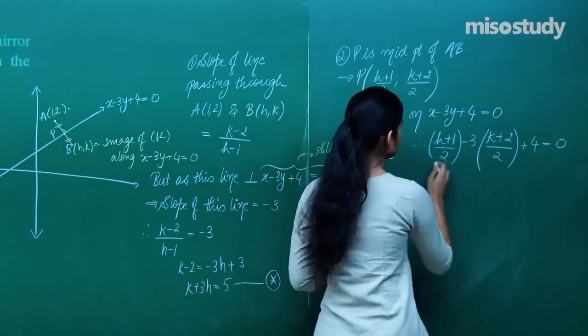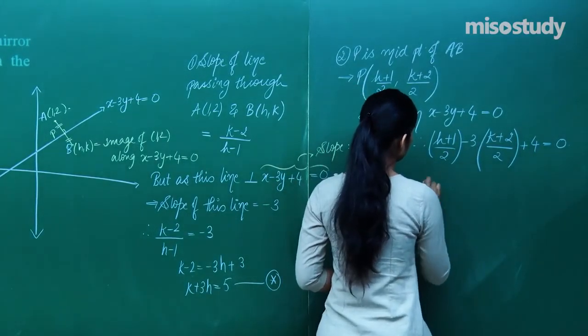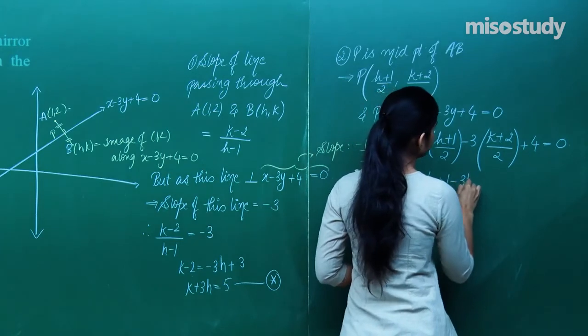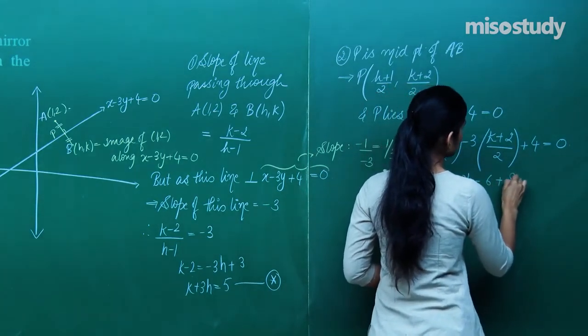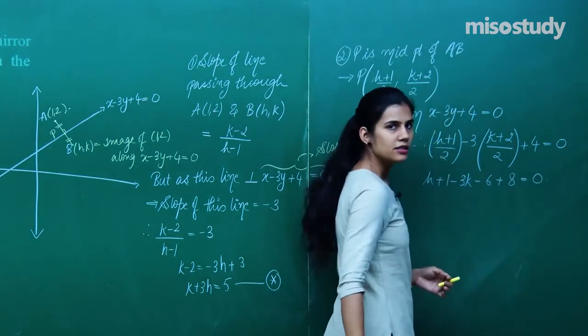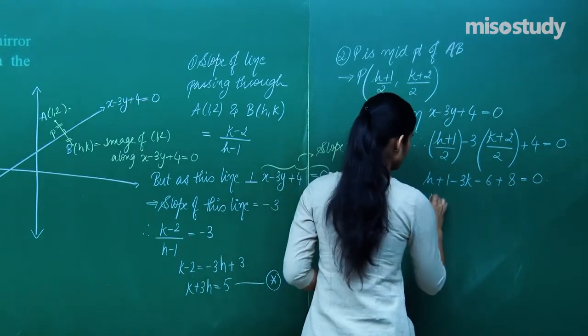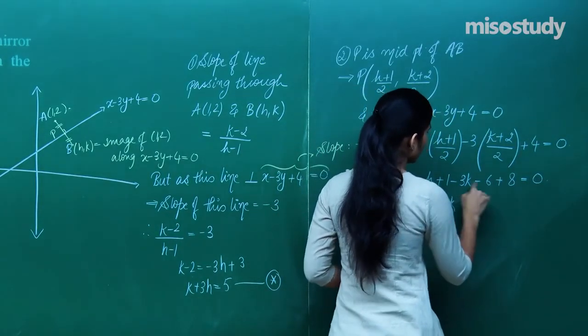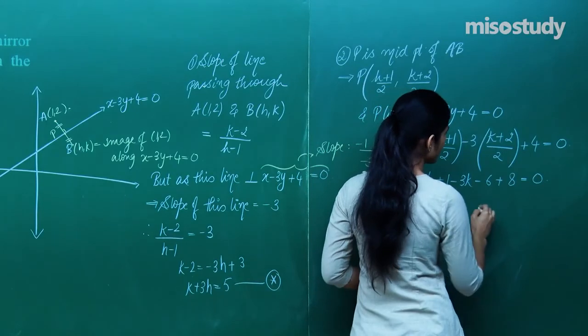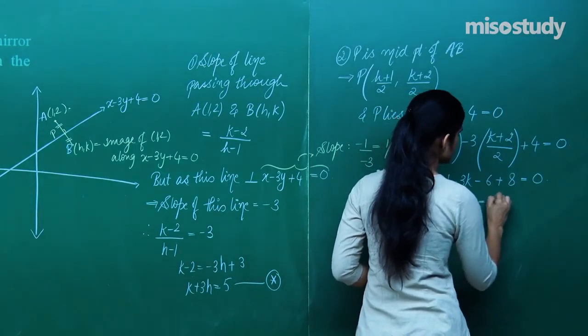So eventually you get h plus 1 minus 3k minus 6 plus 8 equals 0. This gives you h minus 3k. 1 minus 6 is minus 5 plus 8 is plus 3 equals 0.